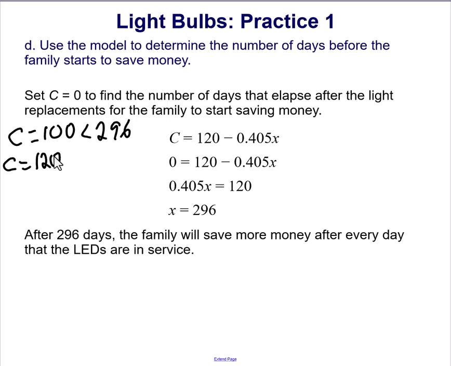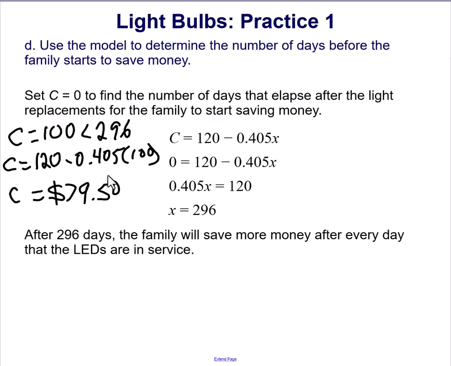So it's 120 minus 0.405 times 100. So C is equal to $79.50. What that means is on day 100, they spent $79.50 replacing the light bulbs with LEDs. So they didn't start saving money yet.